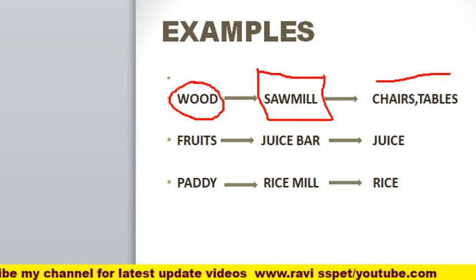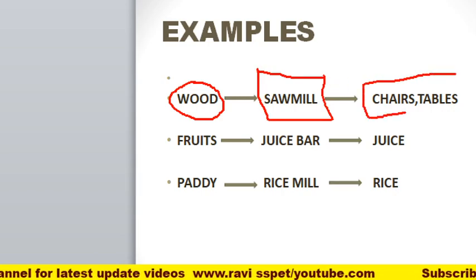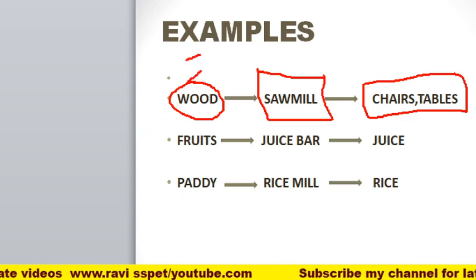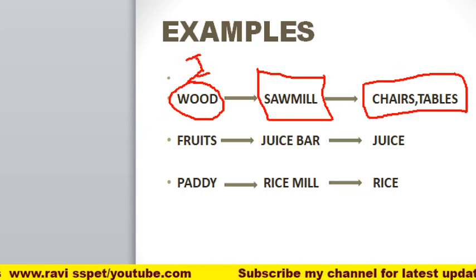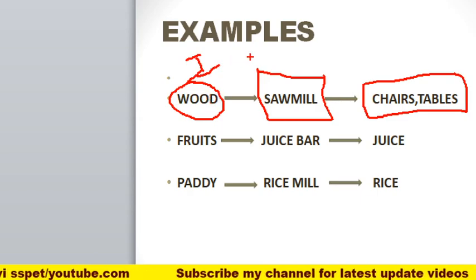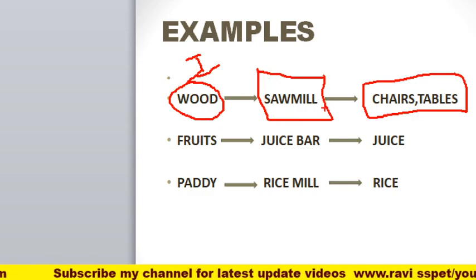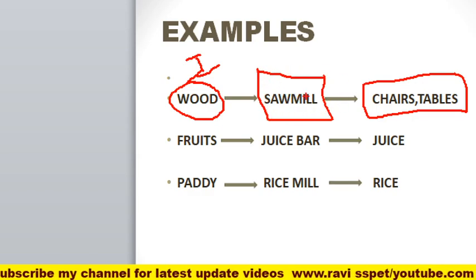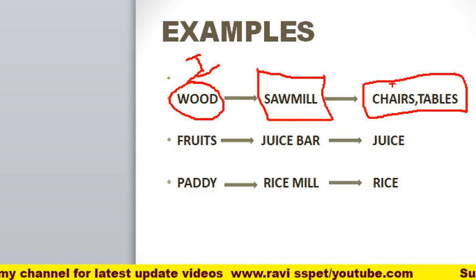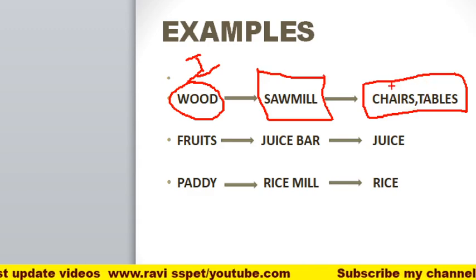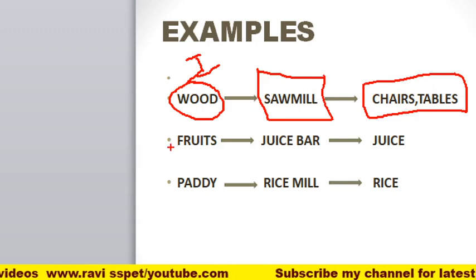So what am I getting here? Chairs and tables. That means the wood is the input, and this input is going into the sawmill. Here the process takes place. After that, the result is chairs and tables. This is the output.